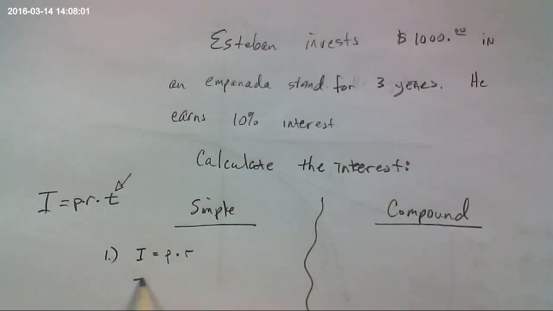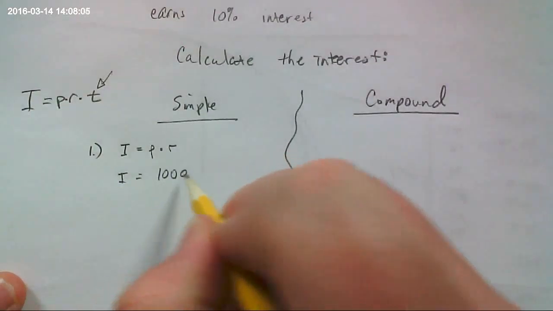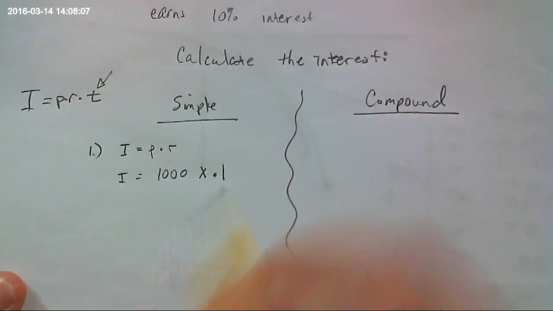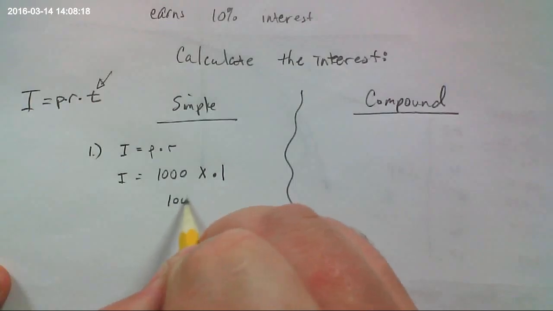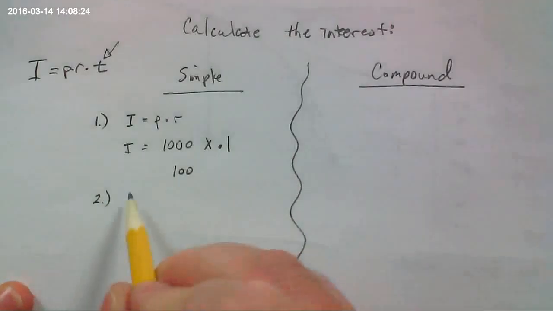The interest would be 1,000 times 0.1, because 10% is 0.1. And that would give you 100. So the first year you get $100. Is that correct? The second year you could do the same exact thing.